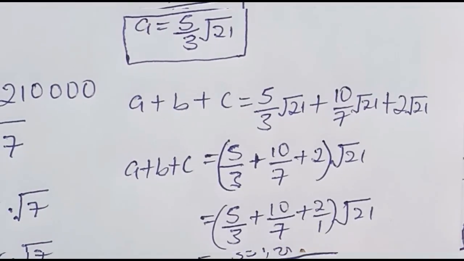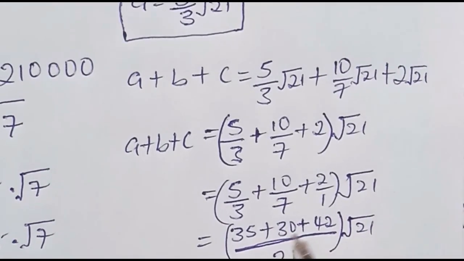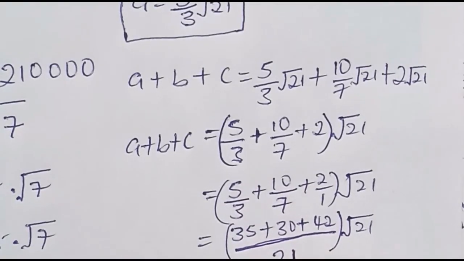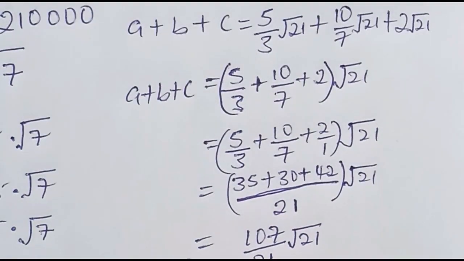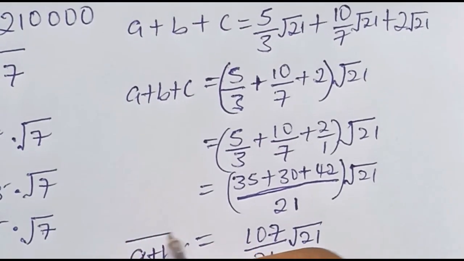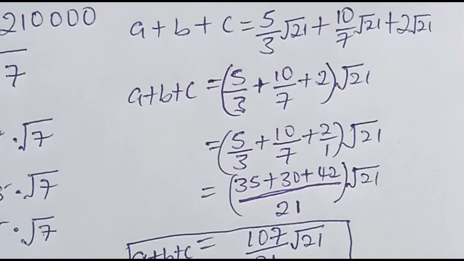So this multiplied by this, so I have plus 42 into bracket square root of 21, and this plus this gives us 65. 65 plus 42, I'll have 107 over 21, then square root of 21, and this is equal to A plus B plus C. Which gives us our final value, which we are required to find.